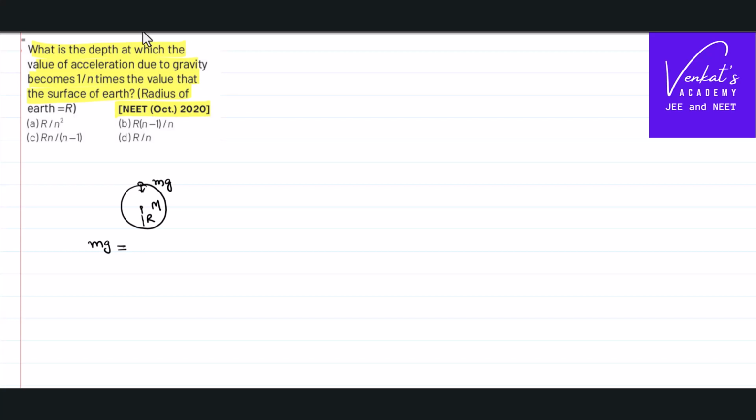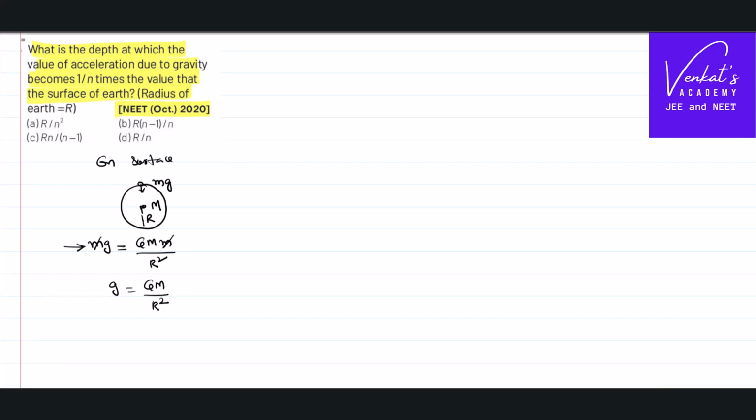That is equal to the gravitational force between the two bodies, that is GMm by R square. So the relation between small g and capital G is nothing but GM by R square. I have equated these two because this weight is also due to the gravitational force between the bodies. I got this relation on the surface of the earth.